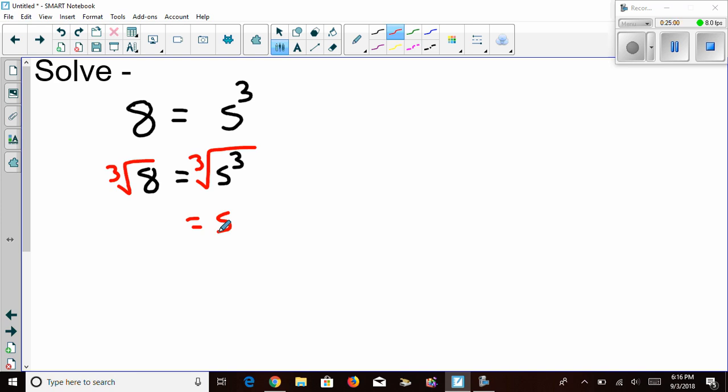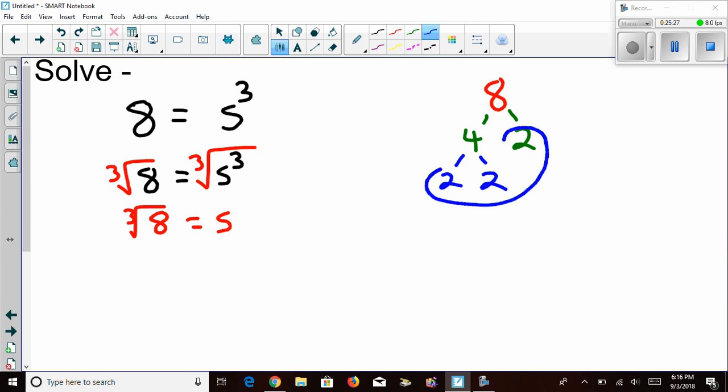On the left, I need to figure out the number 8. Can I list out 3 of the same factors that multiplied together equal 8? Well, 8 is 4 times 2, and 4 is 2 times 2, and I have found my 3 factors, because I can always check: 2 times 2 times 2.